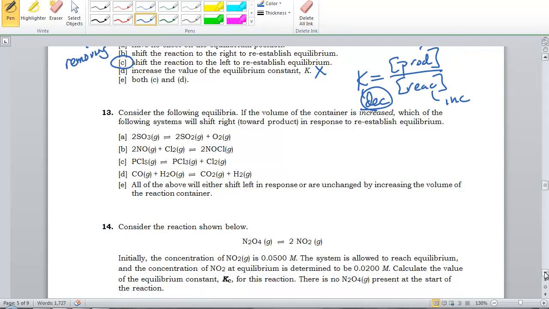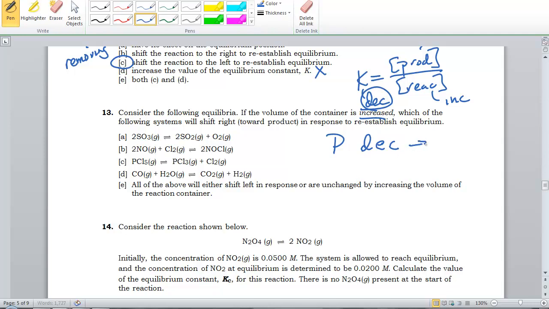All right, 13. Now we're going to change the volume of the container. Which of these will shift toward products to the right? All right, so let's look at what change we made here. Increase volume. What does that do to pressure? Yeah, they're inversely proportional. That will decrease the pressure, so the system is going to offset that.